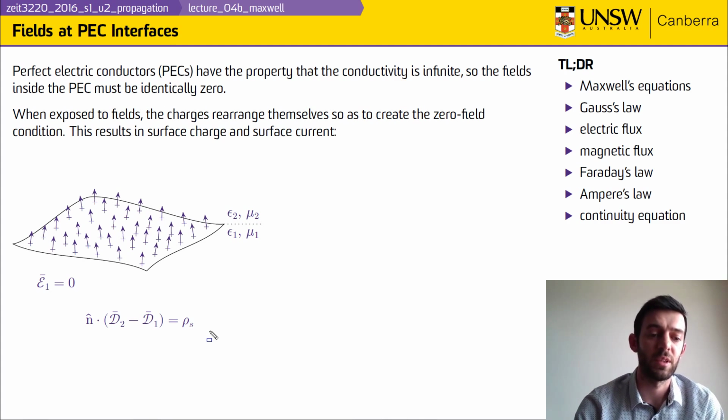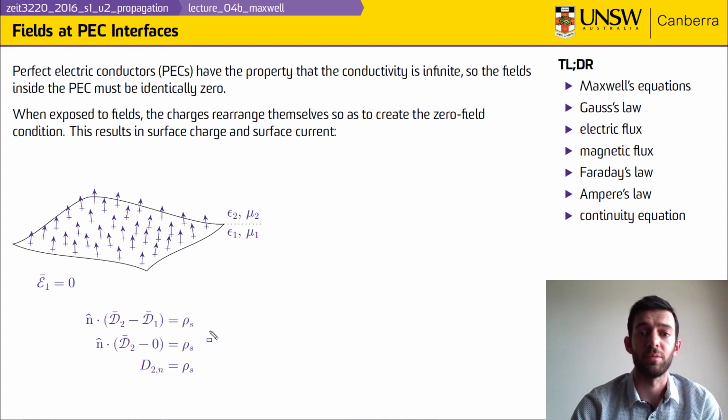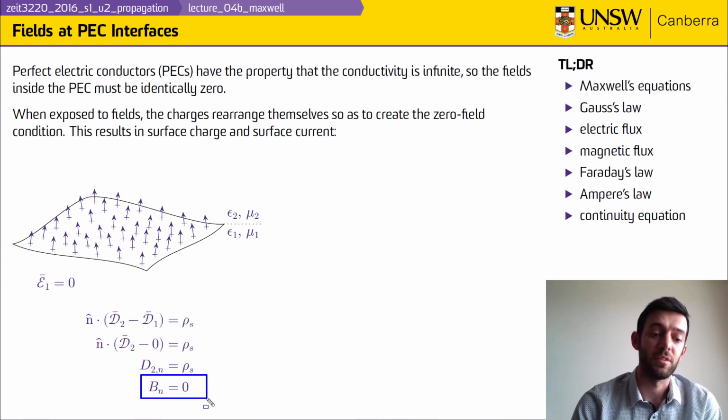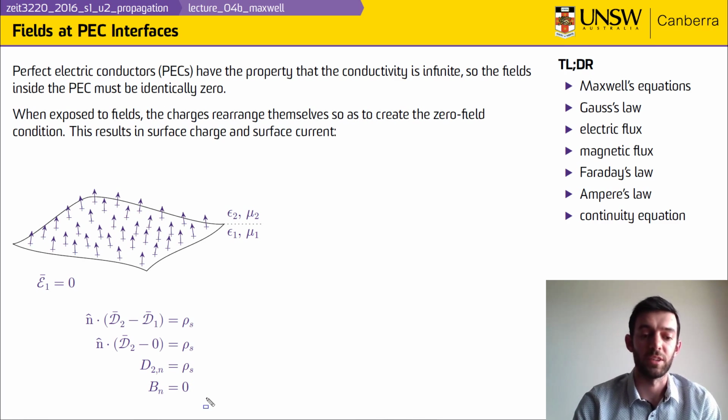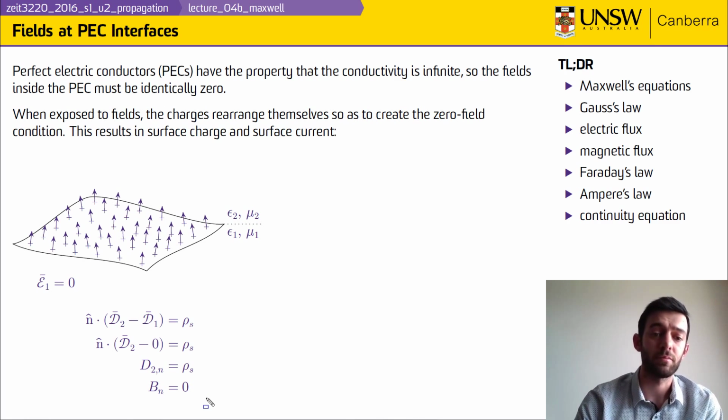But since we know that D1 is going to be 0, we know that essentially D2n, the normal component of D2, has to be equal to the surface charge density, and that will also imply that B sub n is equal to 0 for the same kind of consideration as the second Maxwell's equation, the Gauss's law for magnetic monopoles.